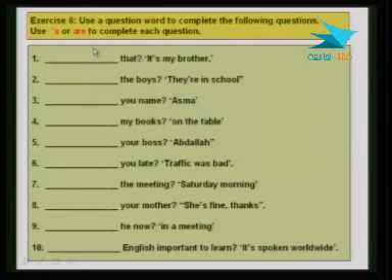We need a question word here to complete these questions. Look at the question mark. So we need, of course, a WH word with the short form of the verb be, is, or the verb be, are.